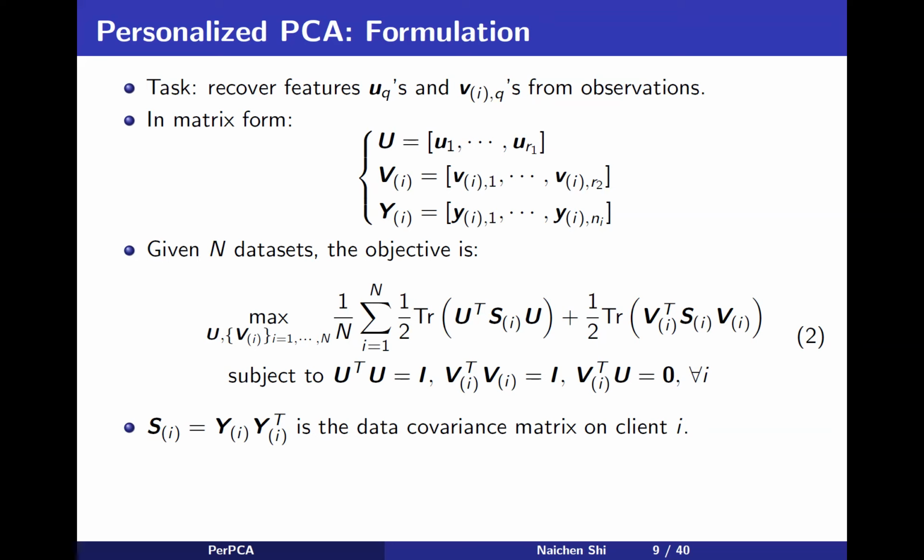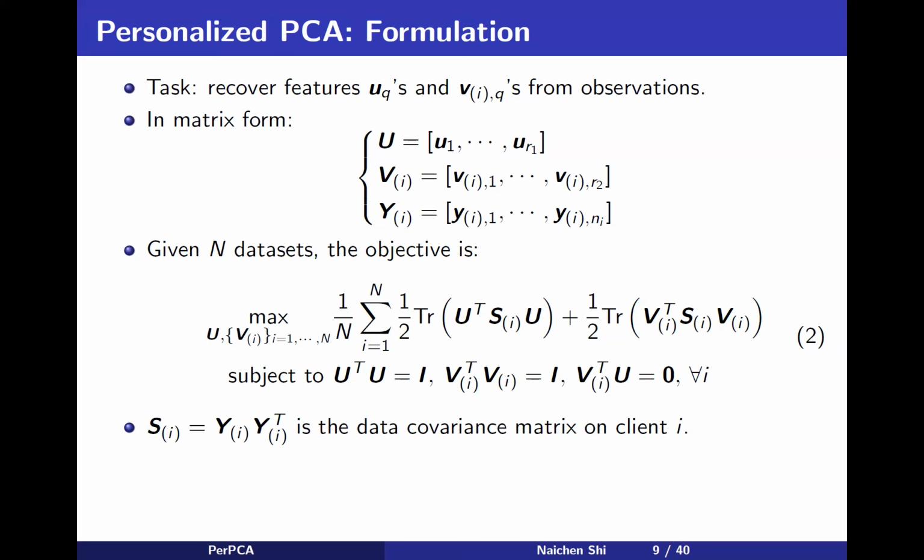The objective is to maximize the summation of the explained variance on each data source, where the explained variance is the projection of the covariance matrix on the subspace spanned by the global PCs and local PCs. The constraints require that the global PC matrix be orthonormal, the local PC matrix be orthonormal, and the global and local PCs be orthogonal.